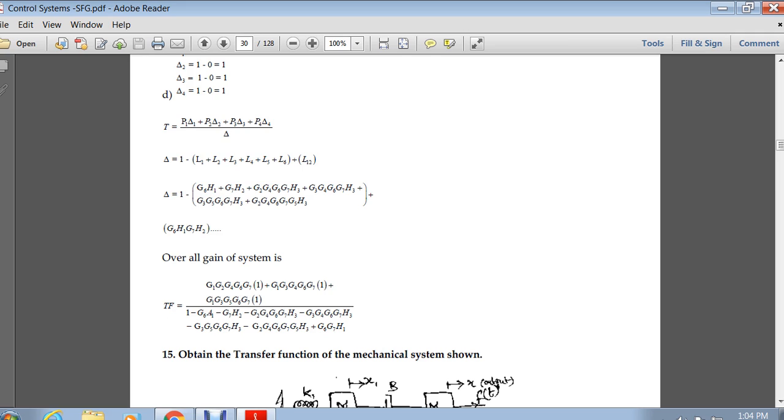So this is the simplest way to get the transfer function of the whole system. Okay? So you need to have much practice on these problems on the SFG concept.